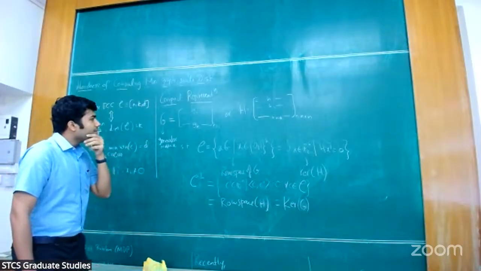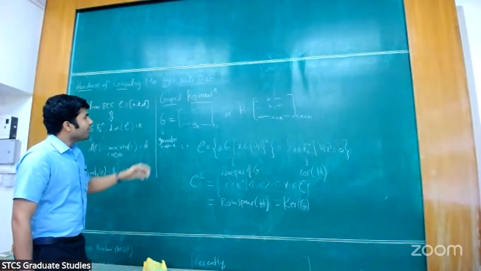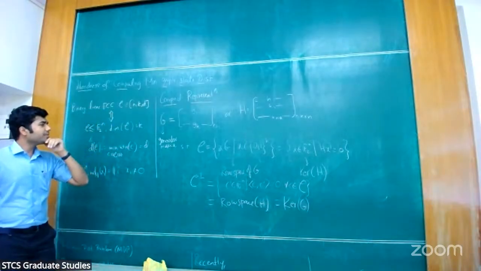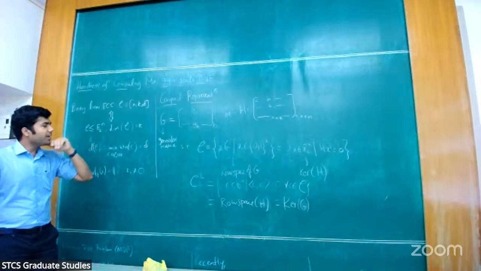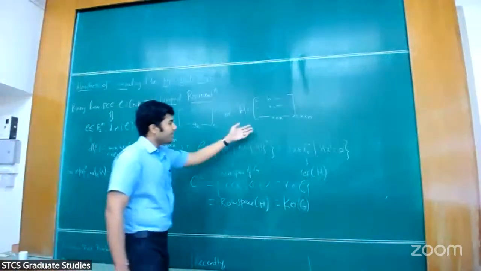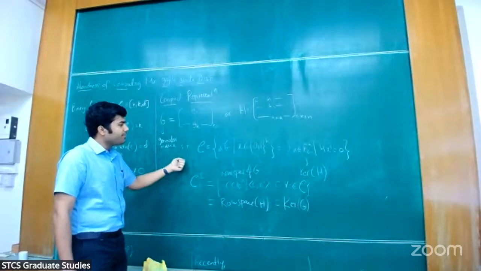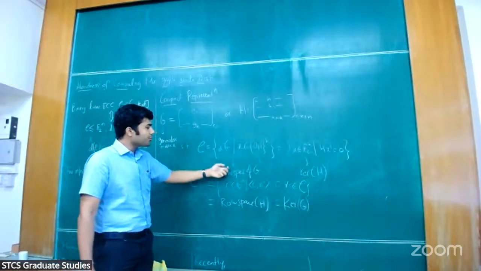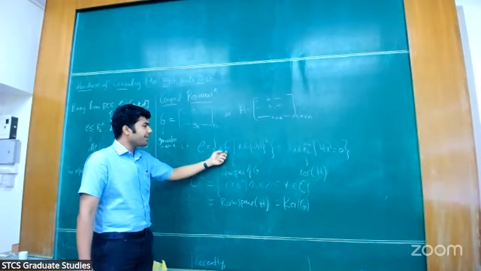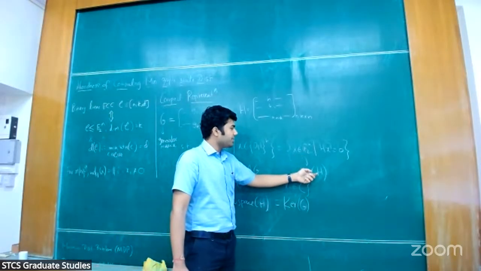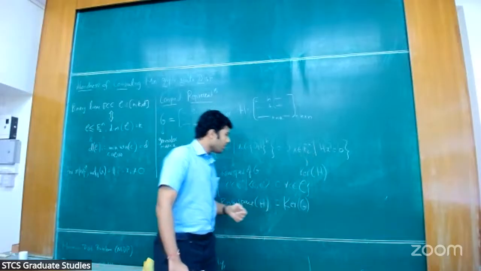Now a compact way of representing a binary linear code is via matrices, via the generator matrix or the parity check matrix. And your code is simply either the row space of the generator matrix G, or the null space of the parity check matrix, the kernel of H.